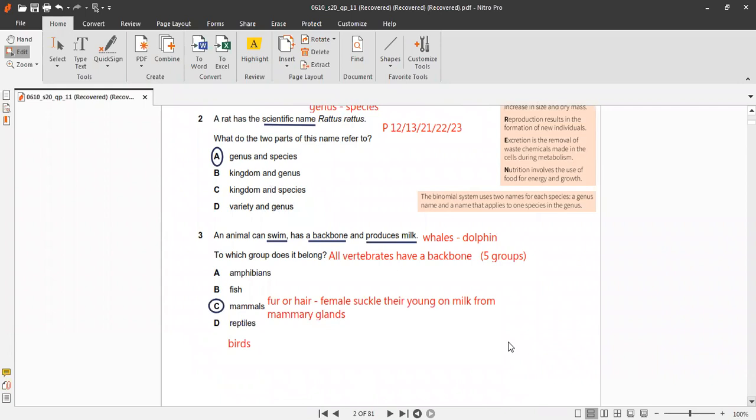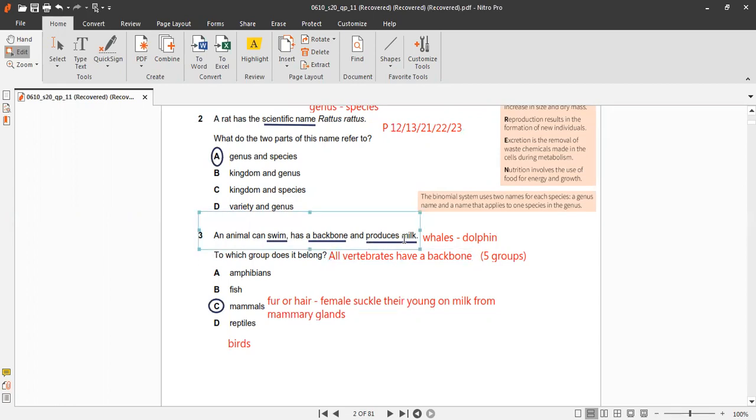An animal can swim, has a backbone, and produces milk. To which group does it belong? Has a backbone: all vertebrates have a backbone. And vertebrates have 5 groups: amphibians, fish, mammals, reptiles, birds.